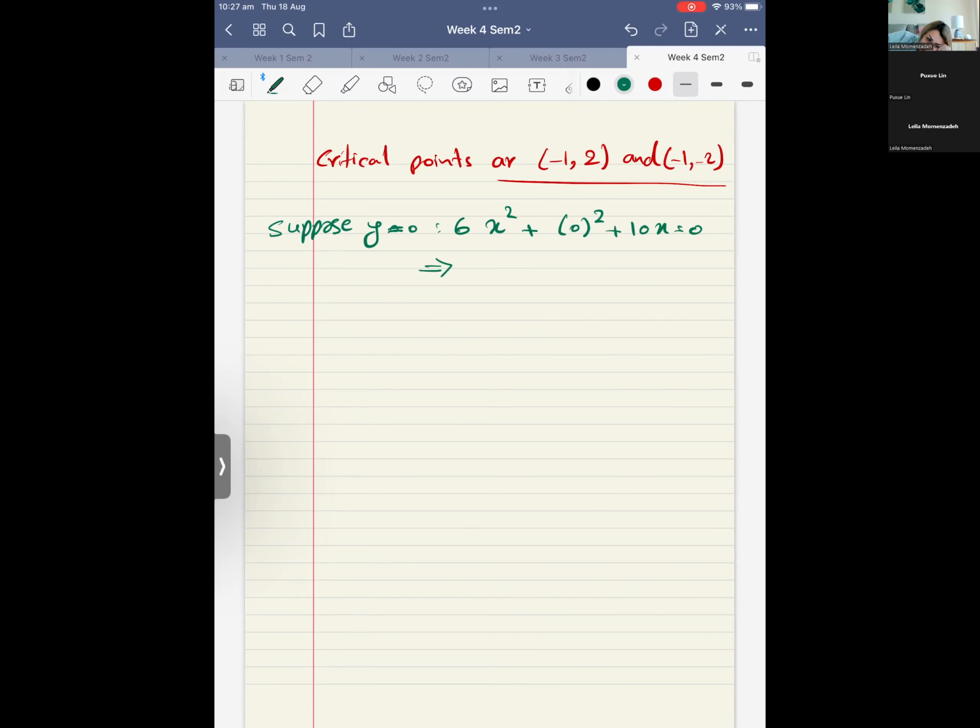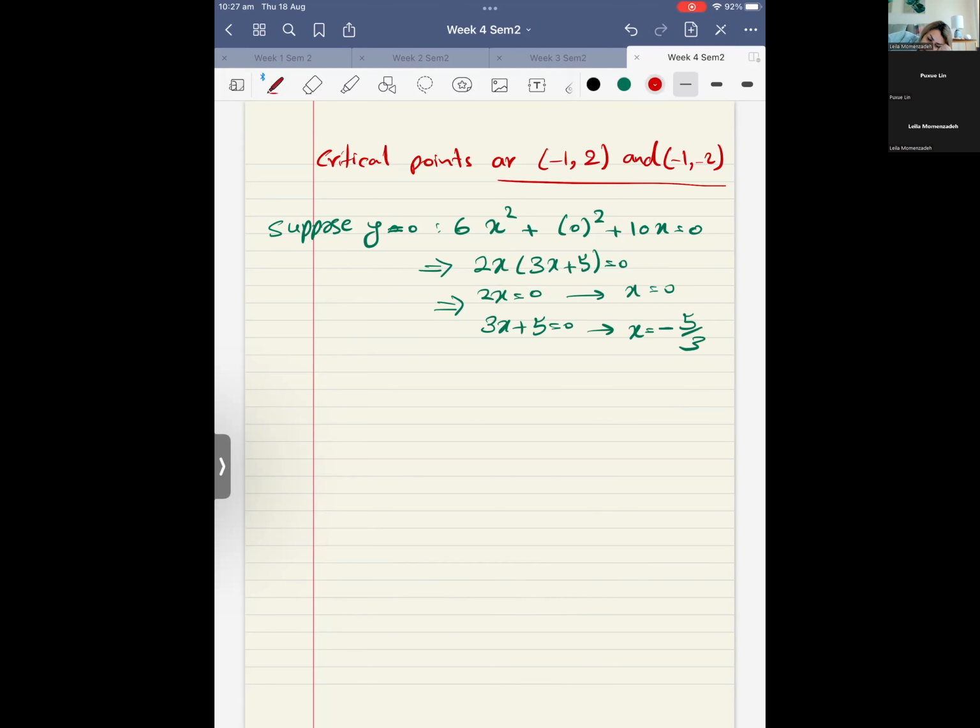It means 2x(3x plus 5) equals 0, so x equals 0 or 3x plus 5 equals 0, x equals minus 5 over 3.